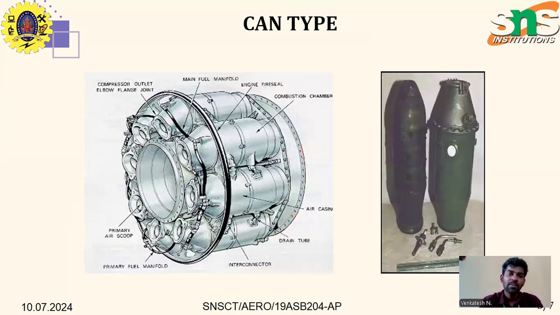The components of the can type are the primary fuel manifold section, primary air scoop section, compressor outlet blow engine joint section, main fuel manifold section, engine fire seal section, combustion chamber section, air casing section, drain tube section, and finally the interconnection section. This is an example and overview of the can type.